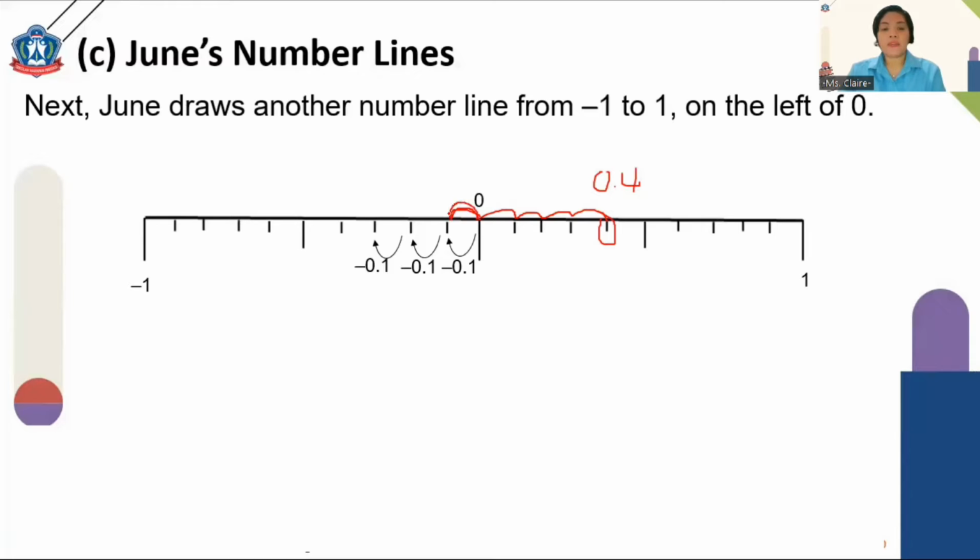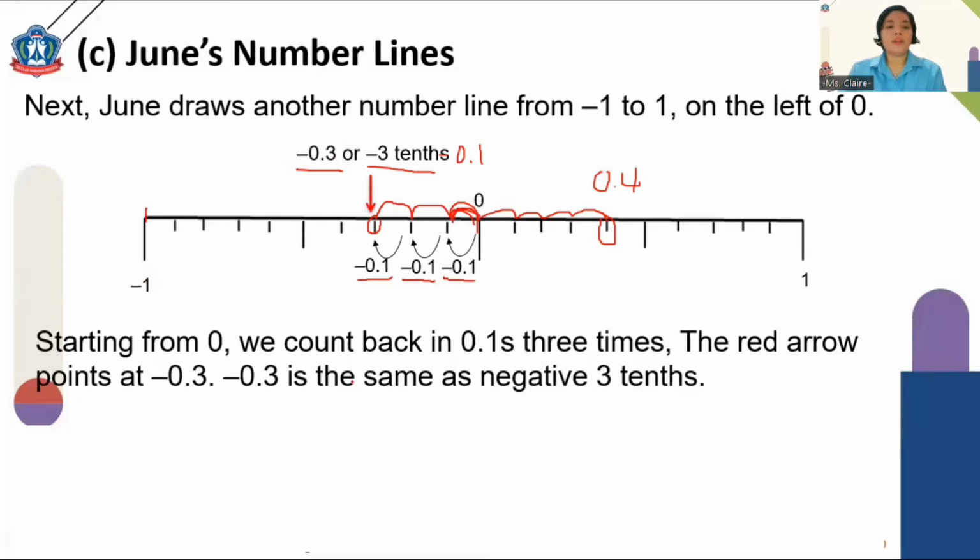So negative 0.1, negative 0.2, and negative 0.3. Why negative 0.3? Because from 0 to 1 there are 10 markings, so every marking, when we count by negative 0.1. This one, negative 0.1.